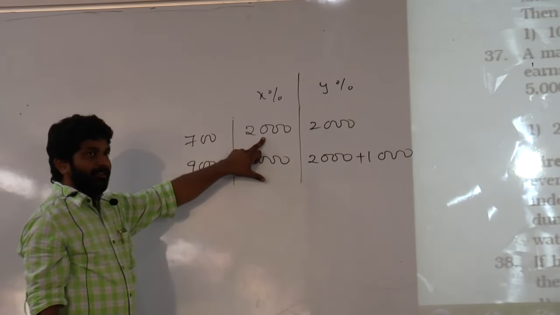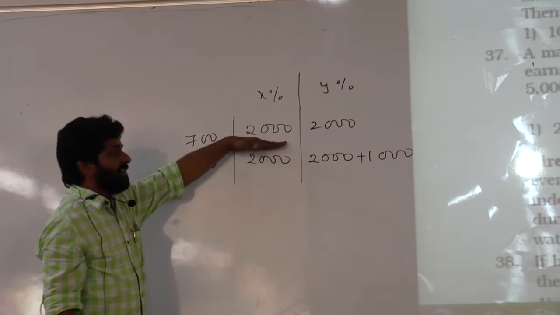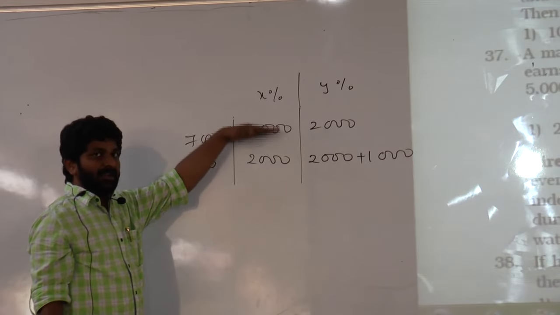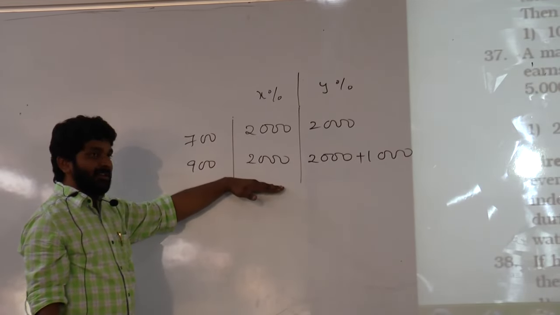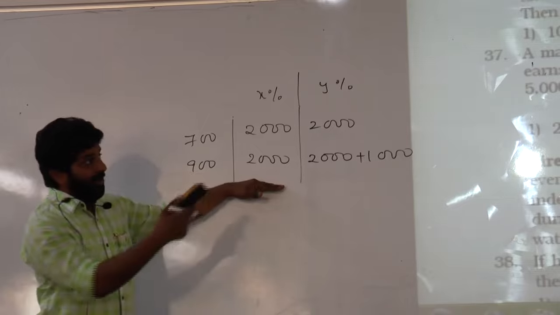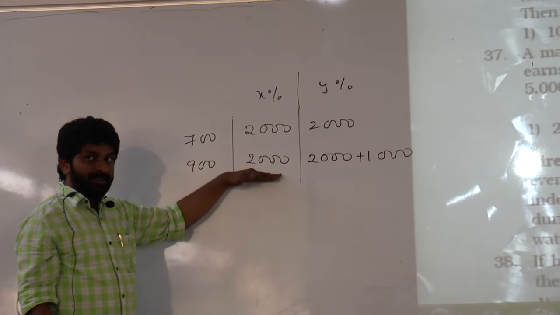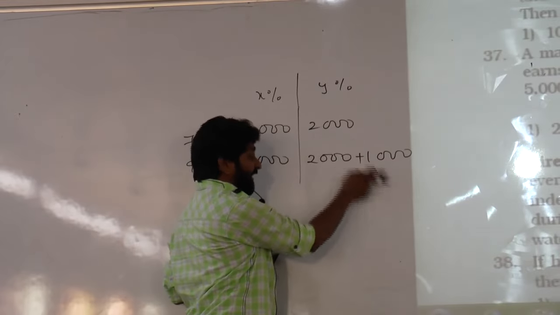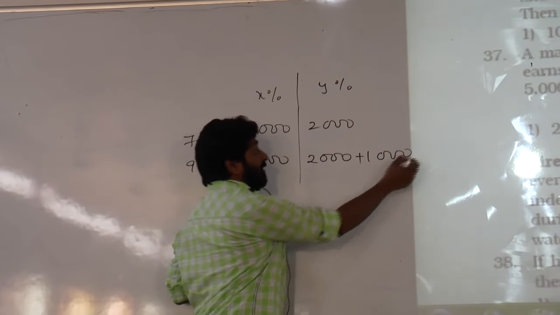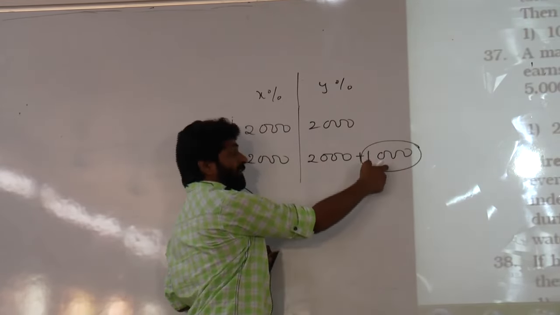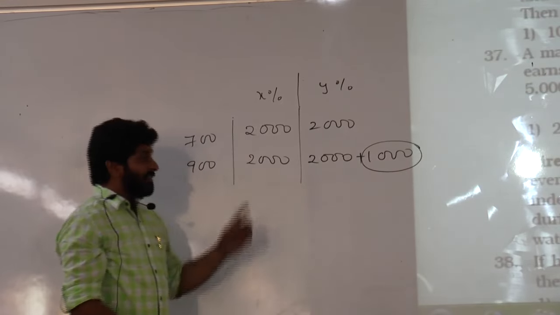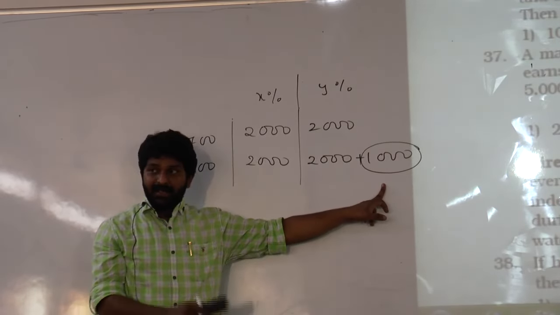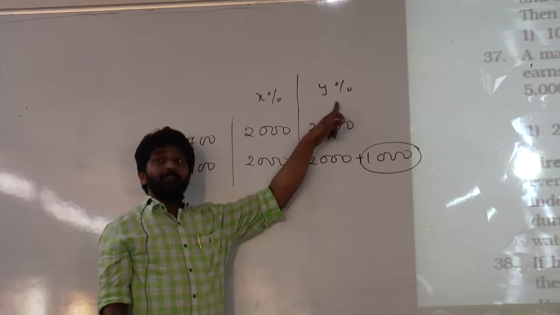In first case he is getting X% on 2,000, and in second case also out of 5,000 rupees on first 2,000 he is getting X%. What is extra amount we have in second case? On 1,000 rupees what percent we are getting? Y%. Extra amount in second case is 1,000 rupees. On this we are getting Y%.